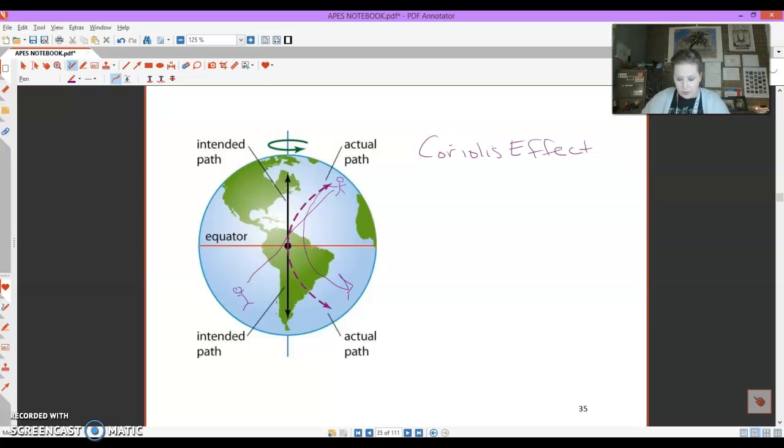Okay? So, let's go back to the equator right here. The Earth spins fastest at the equator. And yes, that's a little bit more physics, right? But it directly impacts the way air patterns flow. Okay? So the Earth spins fastest at the equator.